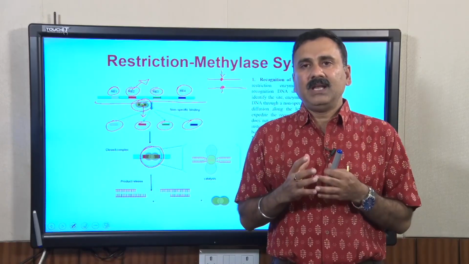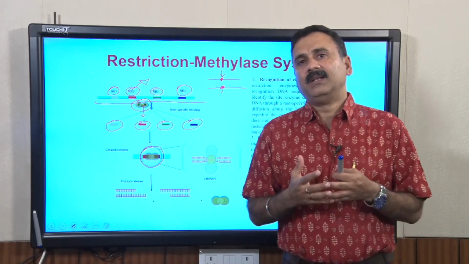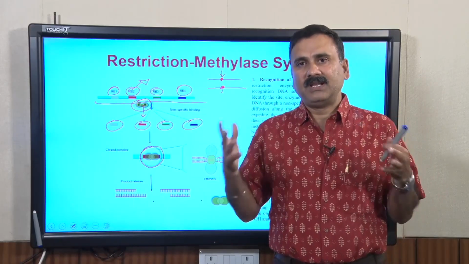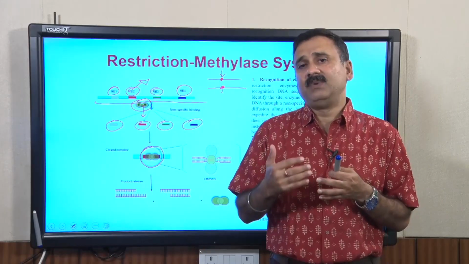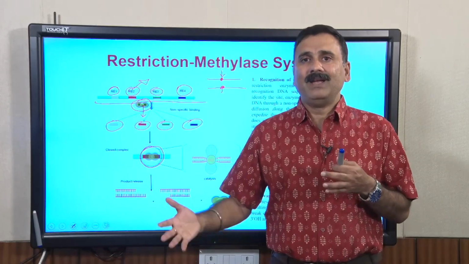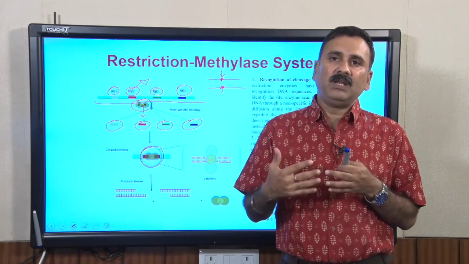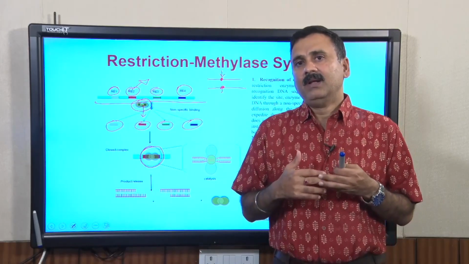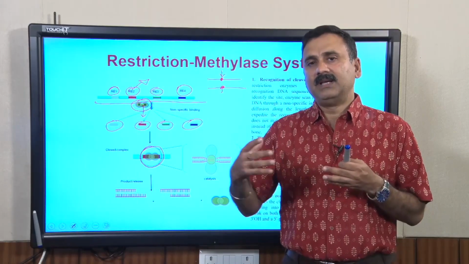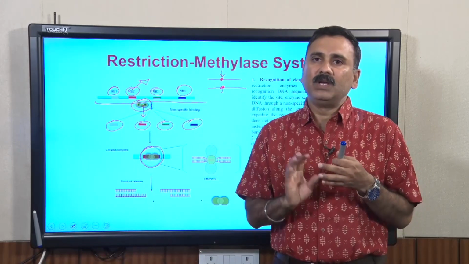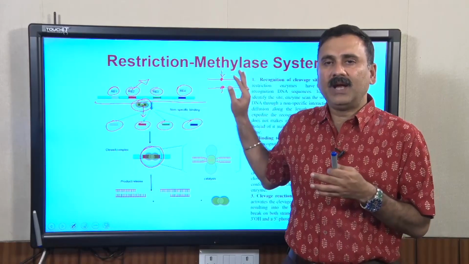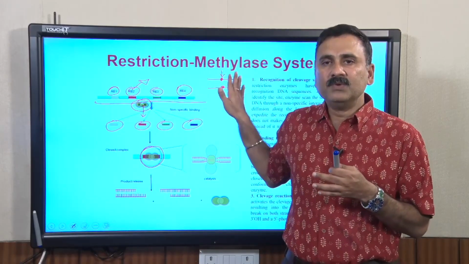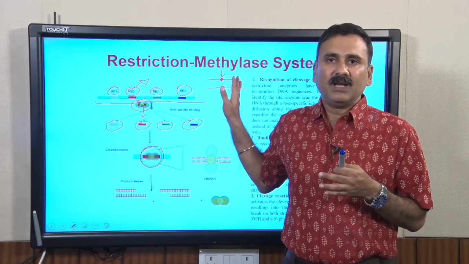So, if the DNA is hemimethylated, the restriction methylase system will say that okay, this is DNA which has been generated from the parent DNA and it is our self DNA, and because of that the restriction methylase system is going to add the methyl group onto the next strand, just so that it becomes immune from the cutting of DNA.